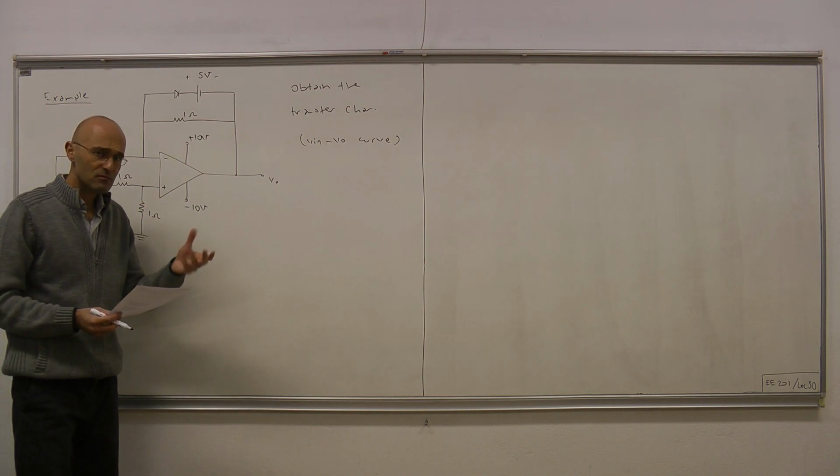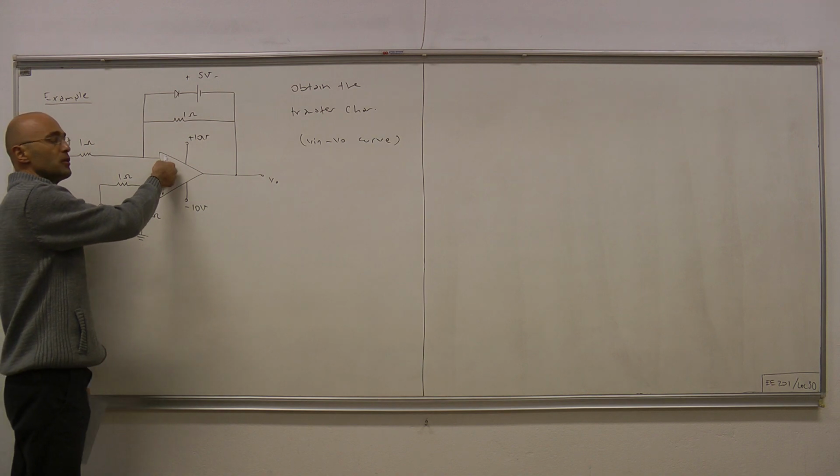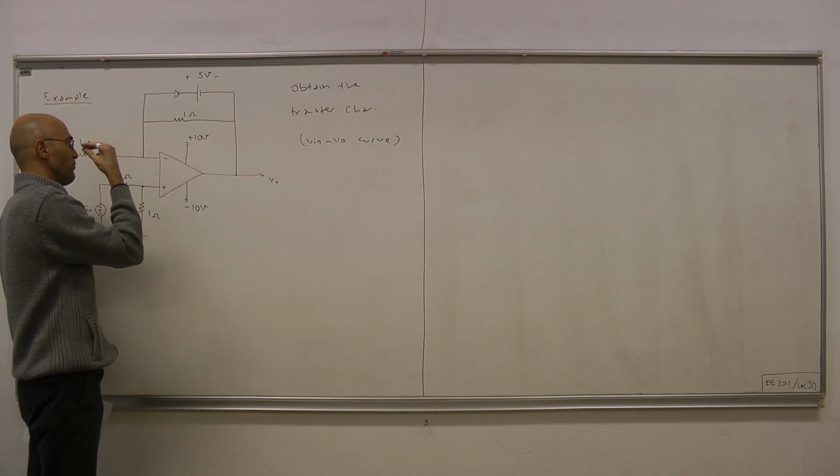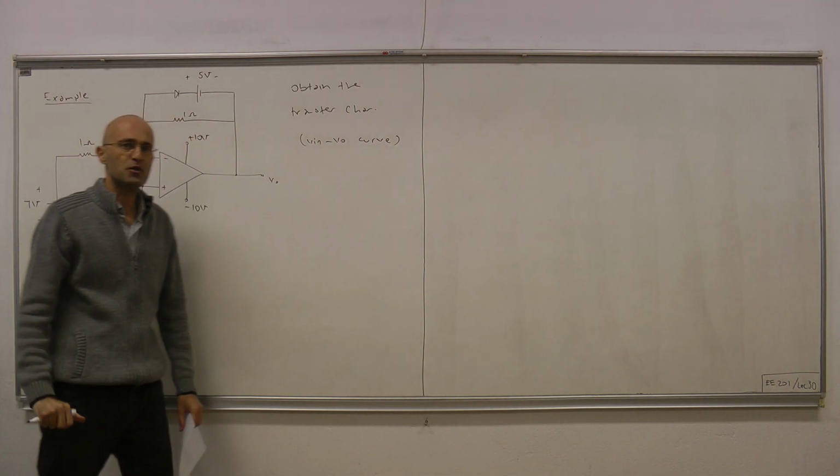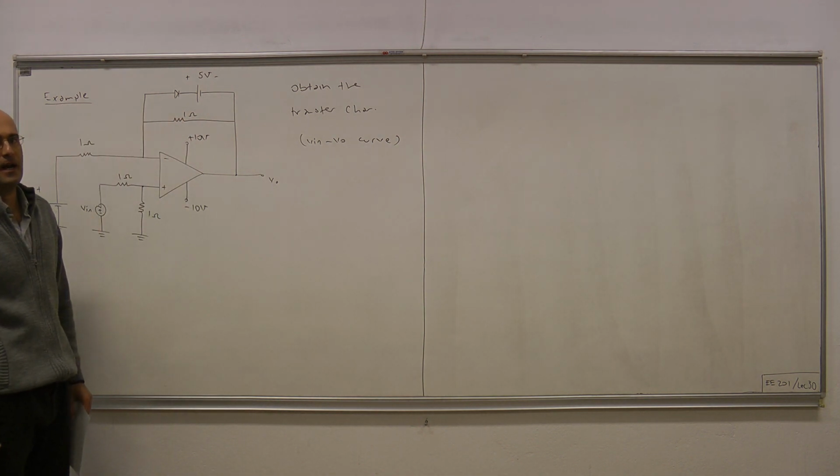Well, first of all, again we will try to express V minus and V plus in terms of input and output voltages, and once we have that, we can start our analysis.